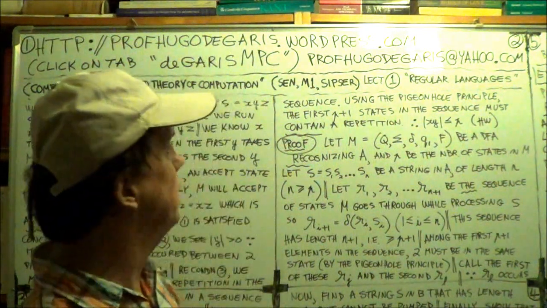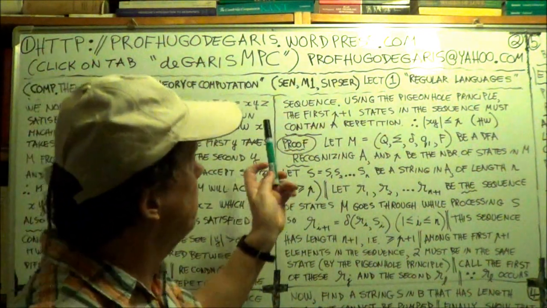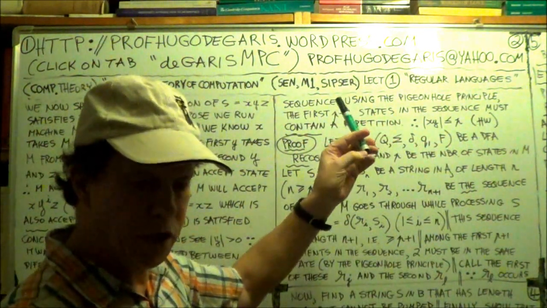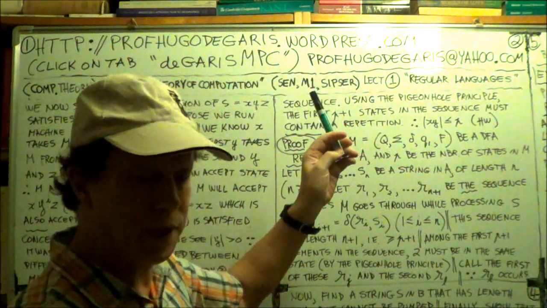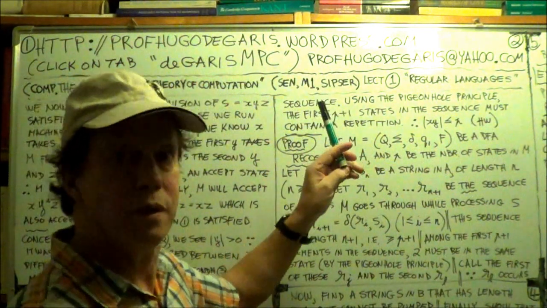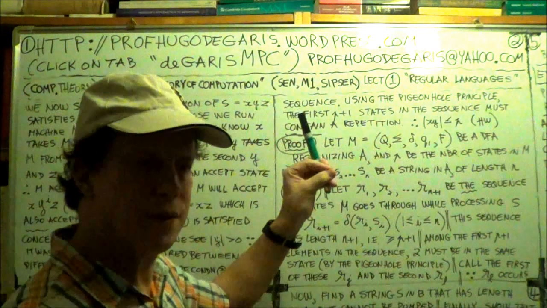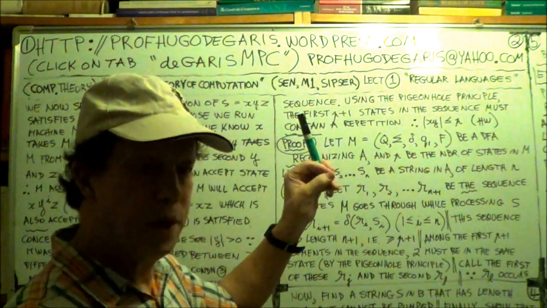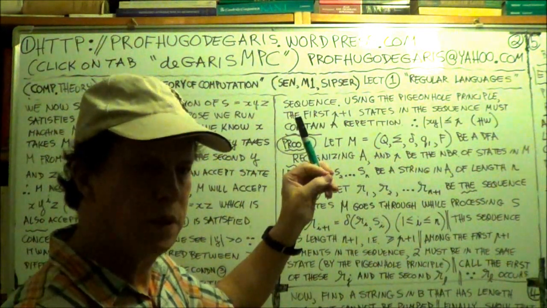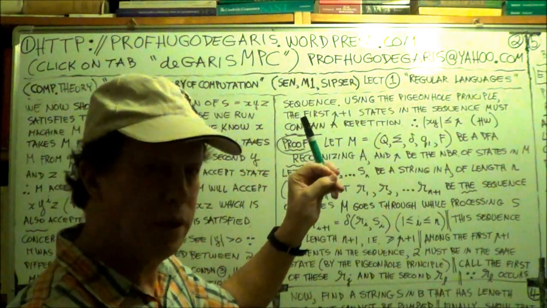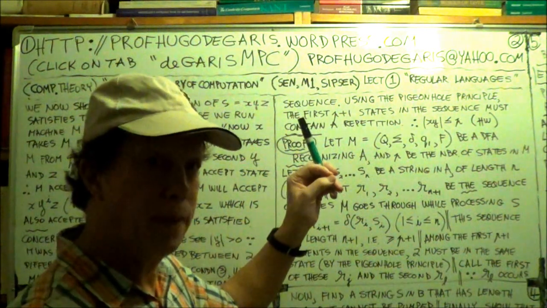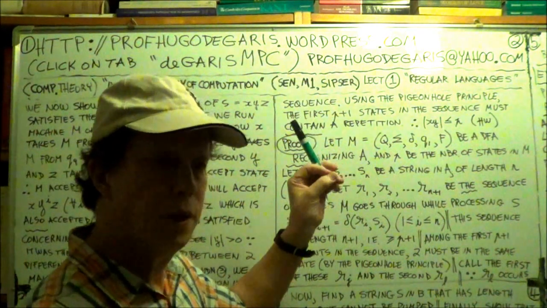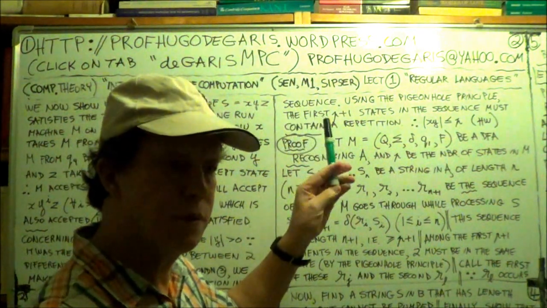It's not coming to me quickly. What I do remember is that we deduced that there must be a repetition. There must be at least one state that's repeated, because the length of the sequence of states was n plus 1, and there are only n states. And hence p, I think we chose as p, the pumping number as it's called, to be equal to the number of states.